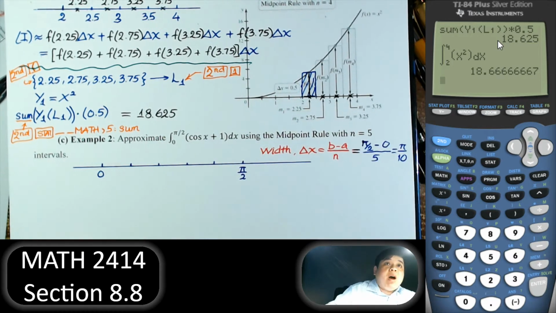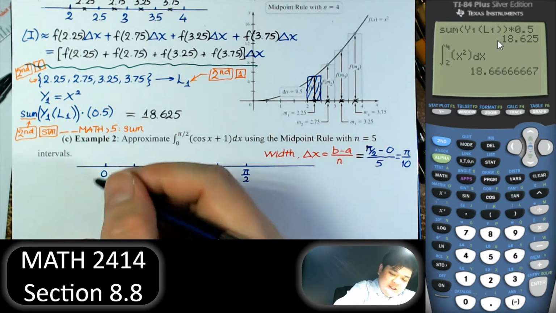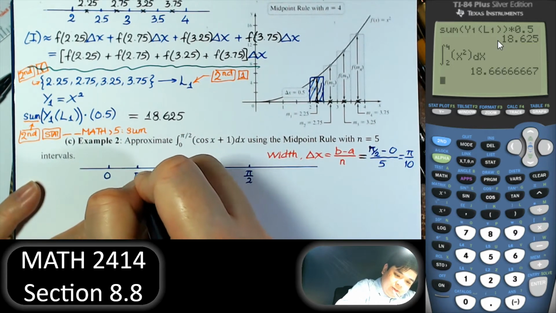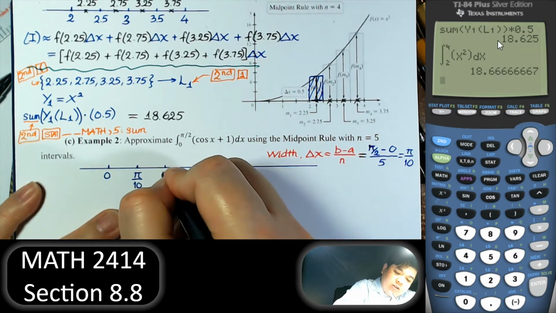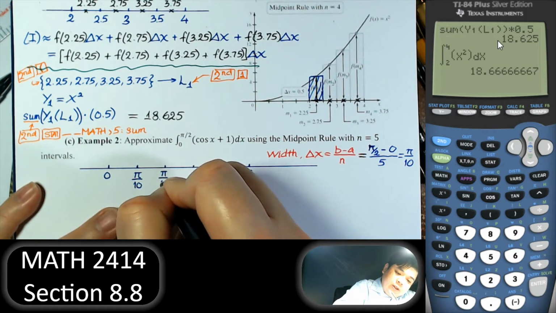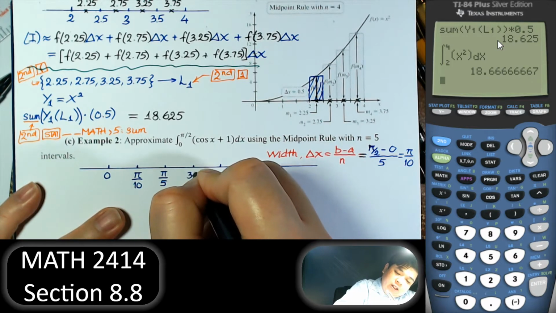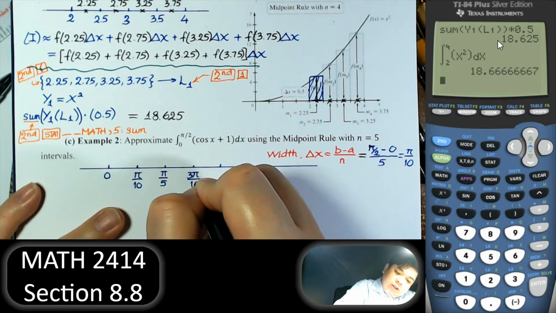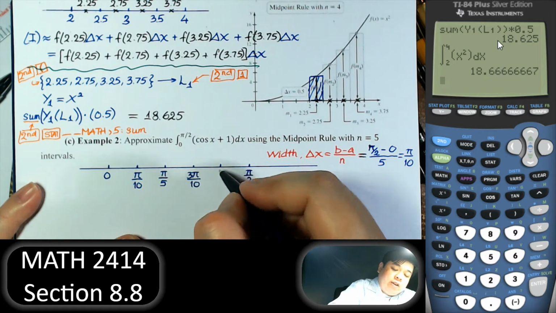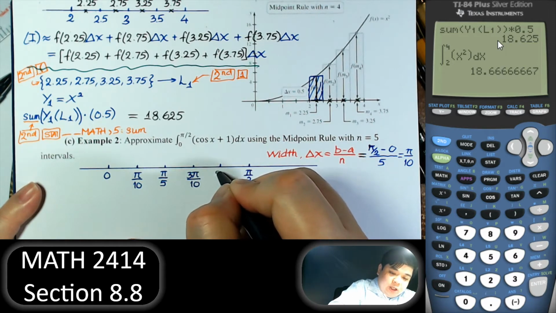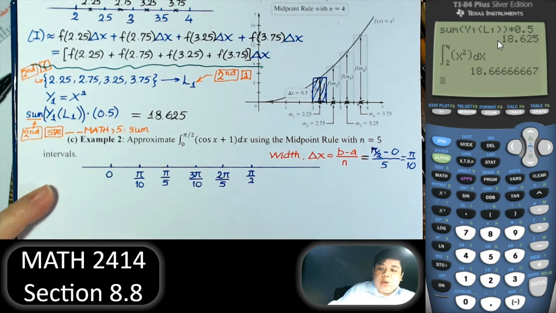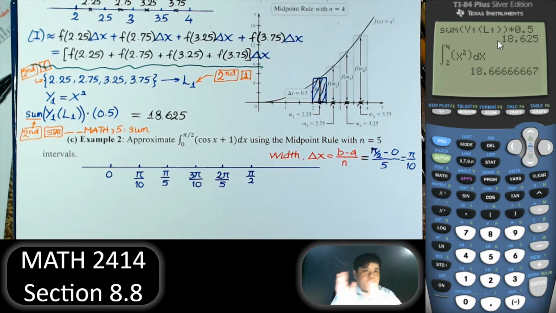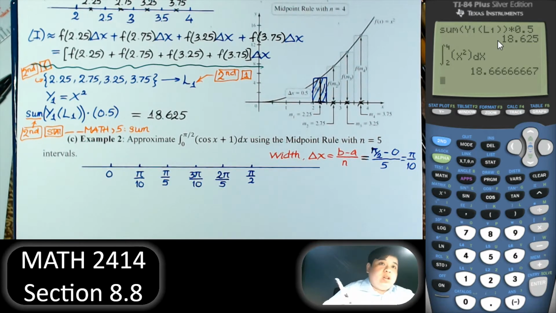So each one of them is pi over 10. Two pi over 10 is pi over 5. 3 pi over 10. And then 4 pi over 10 is reduced to 2 pi over 5, and then 5 pi over 10 reduced to pi over 2. So those are the endpoints of the intervals.